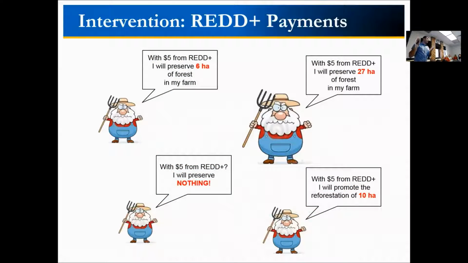And yes, the intervention, like I said, is REDD payments. So I simulate a bunch of different REDD payments, and I see how that plays out in the landscape. So if I offer to pay them $5, some of the farmers will say, well, that's a good deal for me, but I will preserve only 6 hectares in my forest if you offer me that. While this guy will preserve 27.